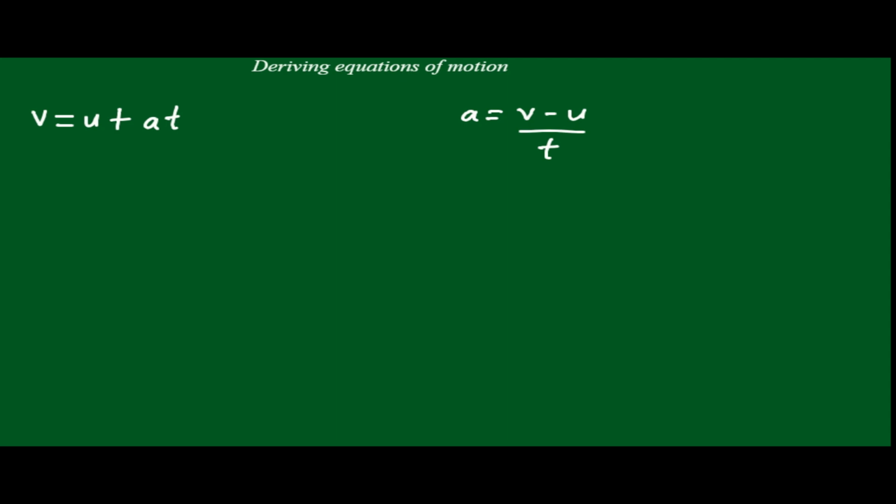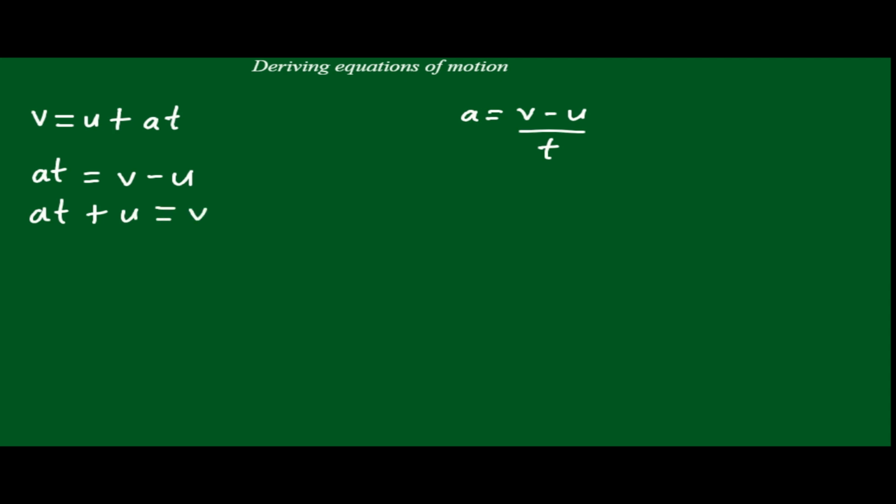And from there, we just need to cross multiply and make v subject of formula. So cross multiplying, we get at equals v minus u. And then negative u becomes positive u: at plus u is equal to v.